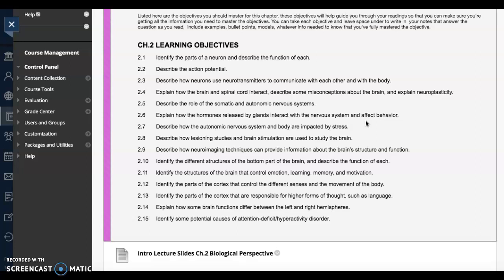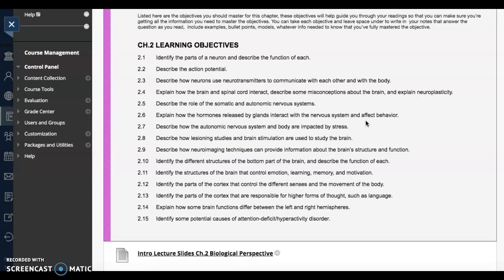Like emotions, learning, memory, motivation, there are different spots specific to those things on the brain. Okay, so one area of the brain is involved in controlling emotions. Another area of the brain is what's most activated when you're learning something new, and so forth.